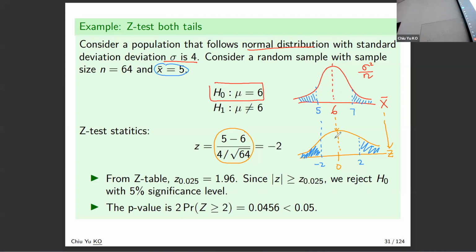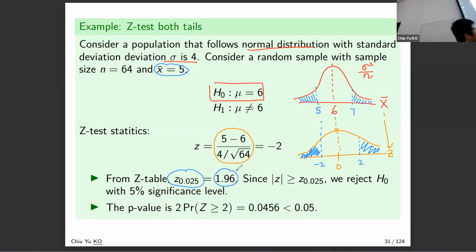One side is 0.208, multiplied by 2, still less than 5%. So we still reject. It's still far away. Or we can calculate this probability: because 5% is on both sides, either side is 0.025, so you get 1.96.